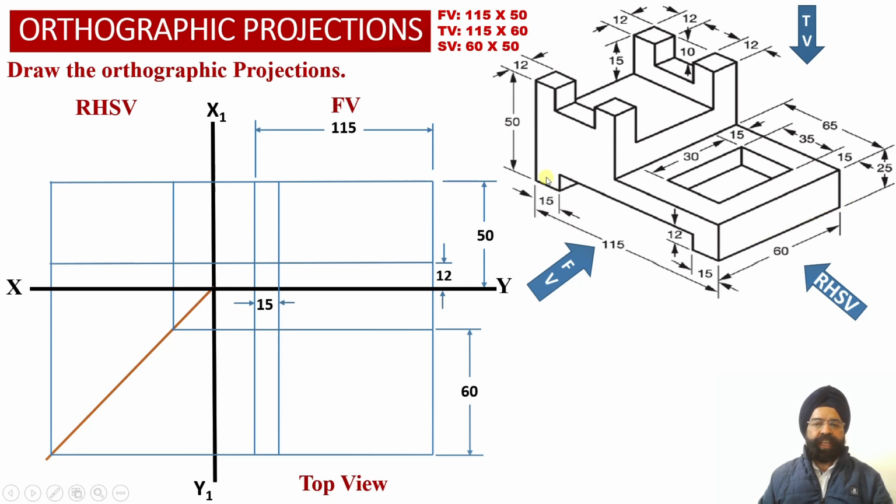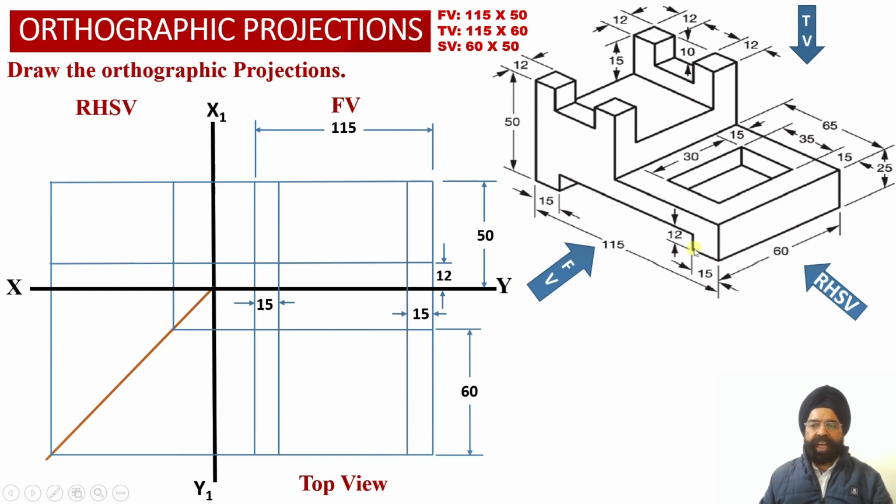So corresponding to leg number 1, the width is equal to 15 millimeter. At a distance of 15 millimeter from the left hand side face, we have drawn a vertical projector line into the front view projections, and we have extended this vertical projector line into the top view projections as well.